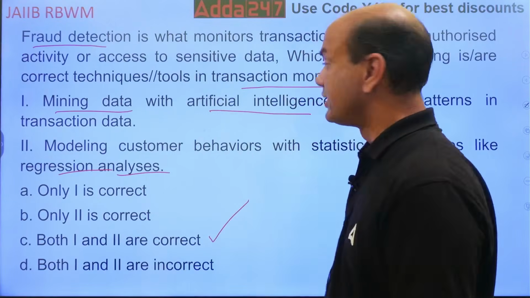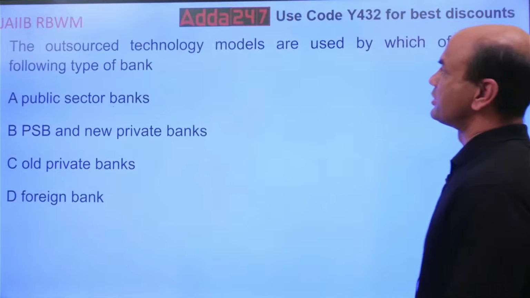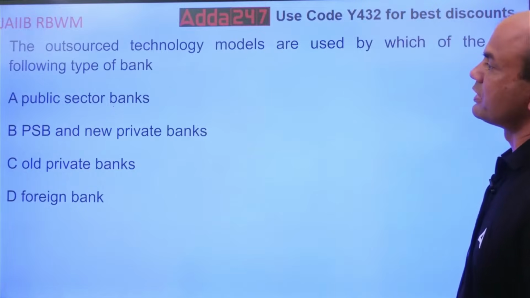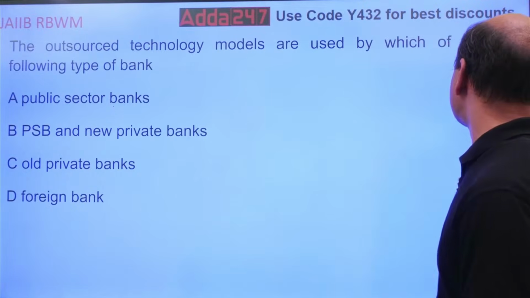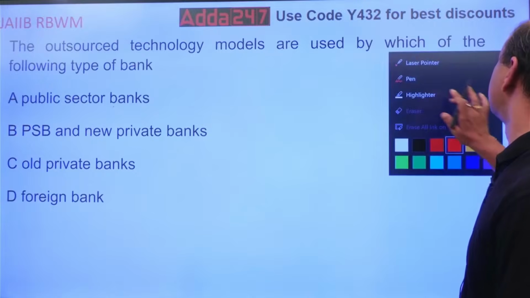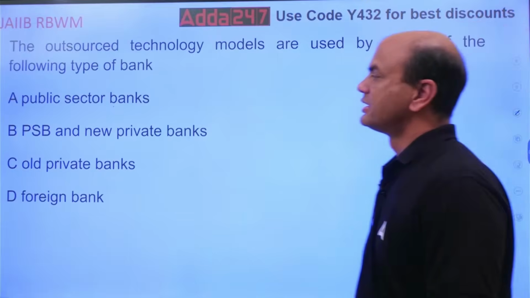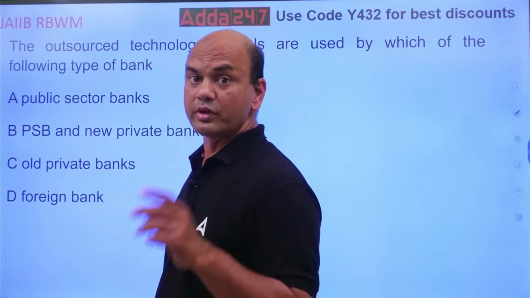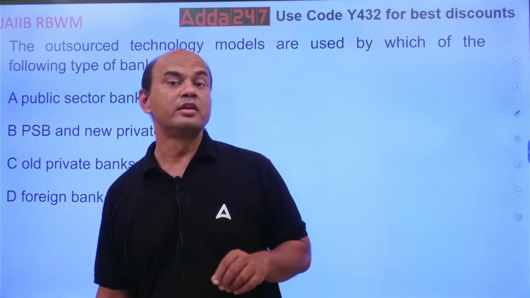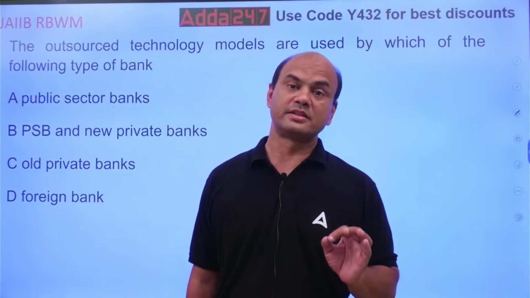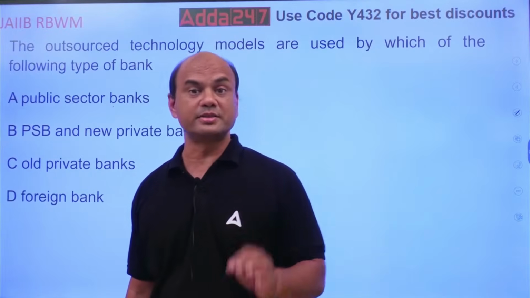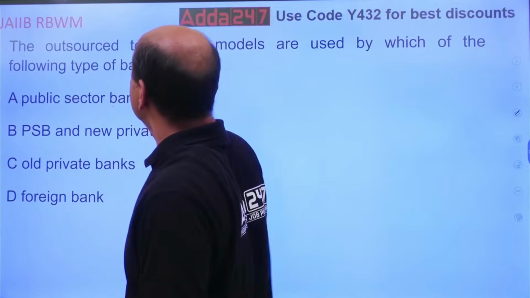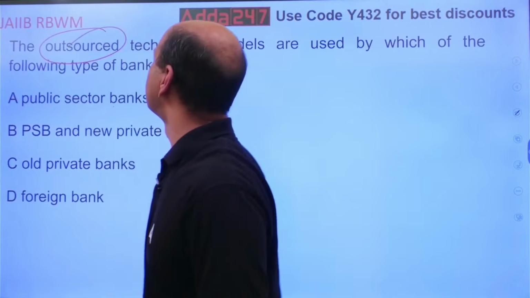The outsourced technology models are used by which of the following types of banks? Some part of this I covered in my earlier lectures also. Follow those also. That's why I'm saying follow the complete series. That's very important. So, outsourced technology model.